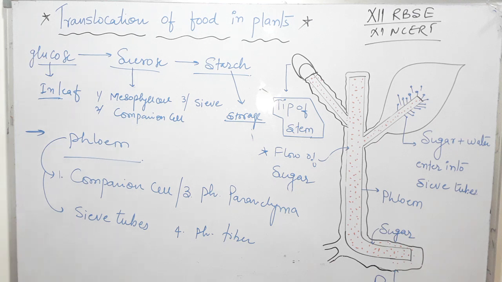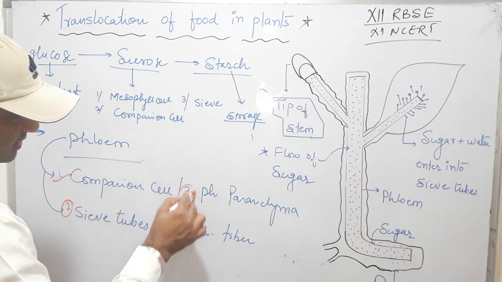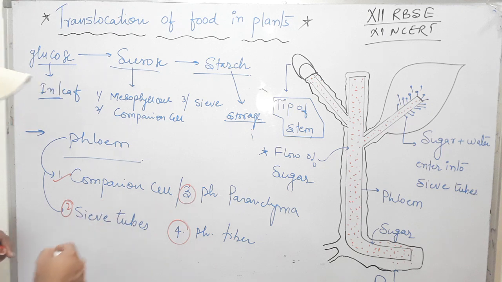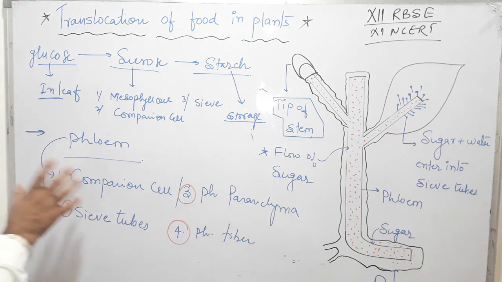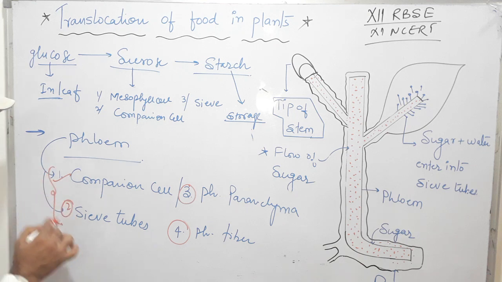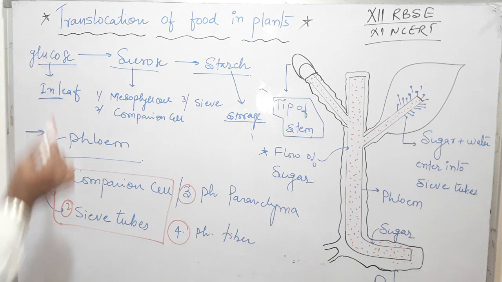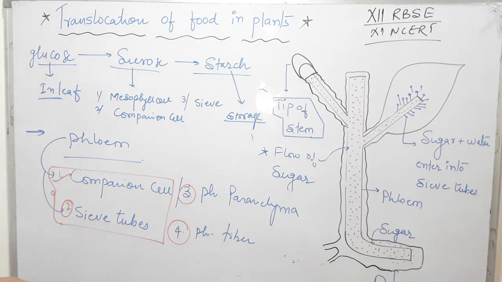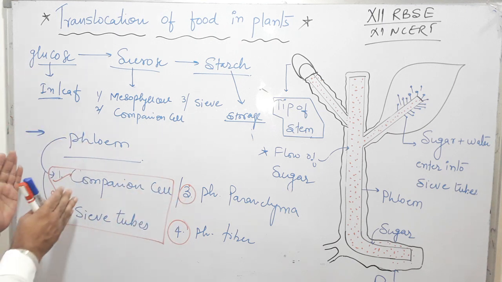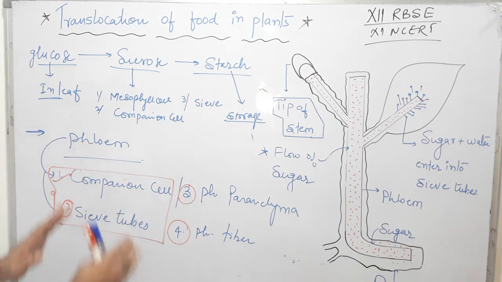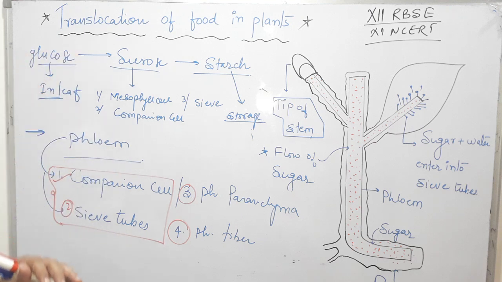So these are the four components which compose the complete phloem. The sieve tubes and companion cells are directly involved in the translocation of food. So these are the main cells which help in translocation. The others are accessory or help to assemble the phloem. Clear? So these are the components or structures involved in the translocation of food.